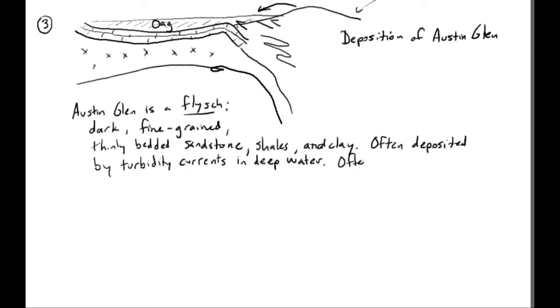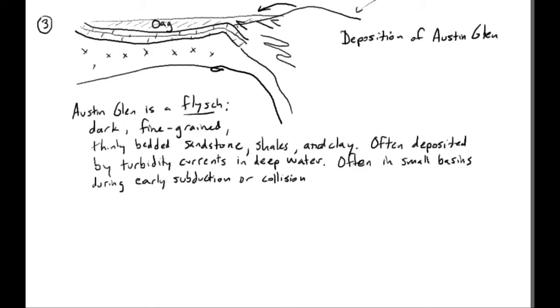Also often deposited in small basins during early subduction or collision. So this type of rock, this sort of tectonic association of rocks, is called flysch.